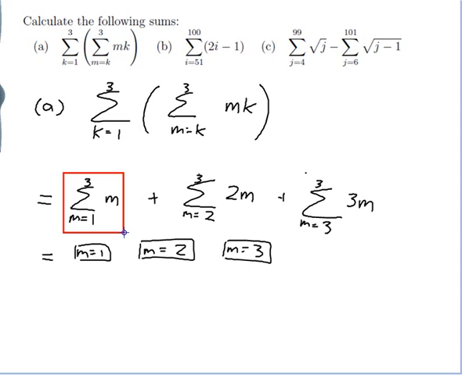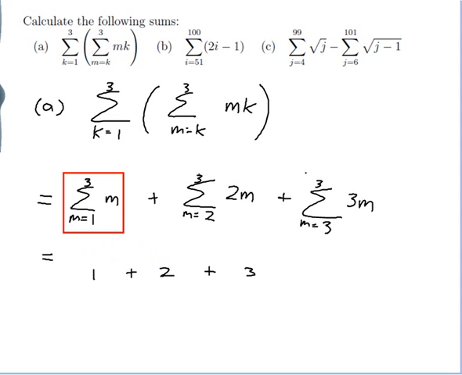So m is 1, so we have 1, m is 2, so we have 2, m is 3, so we have 3. Okay, so that's the first sum. Let's have a look at the second sum now.